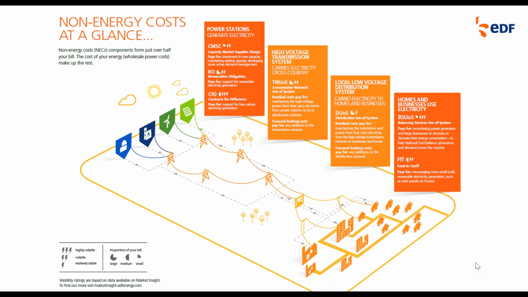While that one is closed, it's now been replaced by the contract for difference. The difference between that and the renewables obligation is that the CFD covers low carbon generation rather than renewables only.